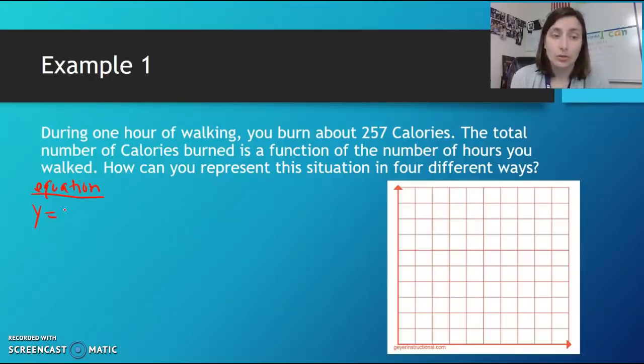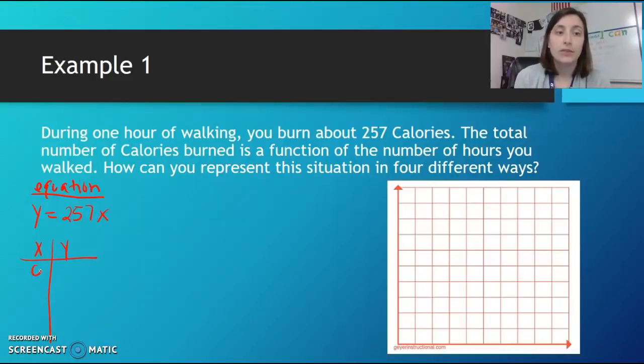And so for every hour, I'm going to have 257 x, with x representing the number of hours, and y representing the number of calories burned. And so there's my equation. I can now easily use that equation to create myself a table. So we can have our x values and our y values.